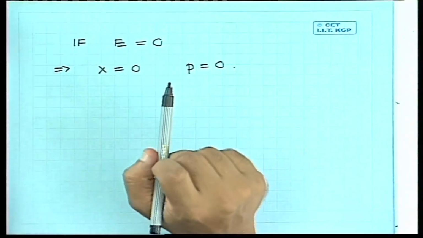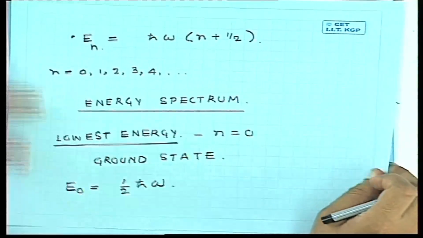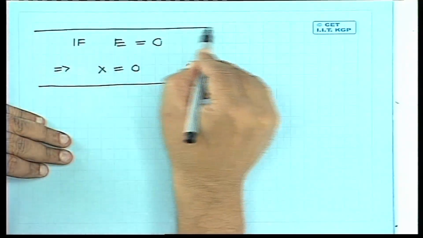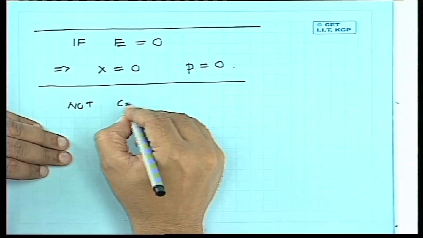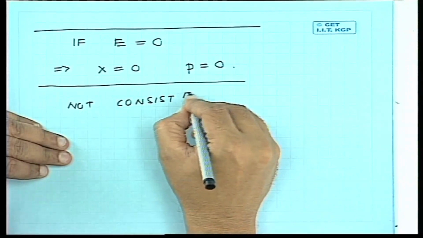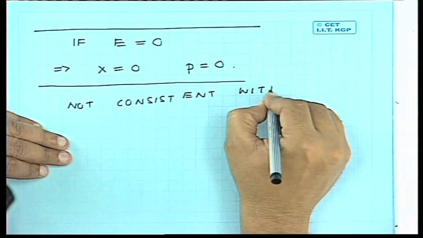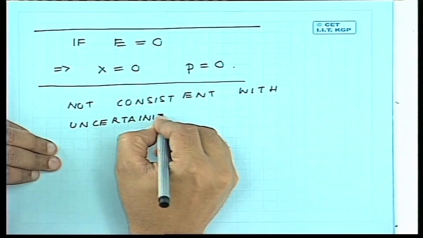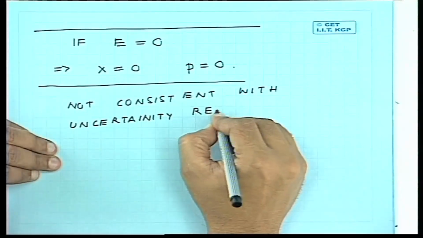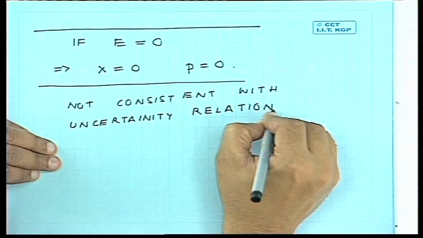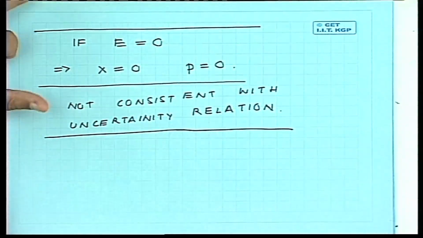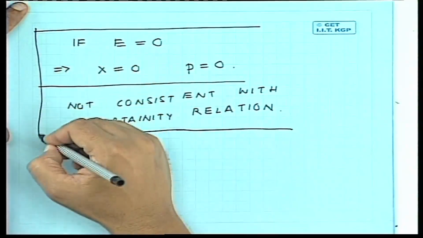So this minimum energy E naught is consistent with the uncertainty principle, and an energy E equal to 0 is not consistent with the uncertainty relation. So this is one more feature.